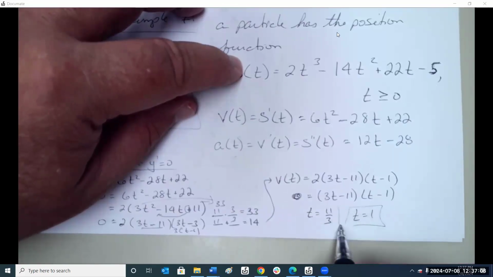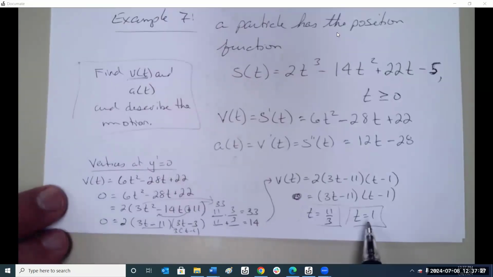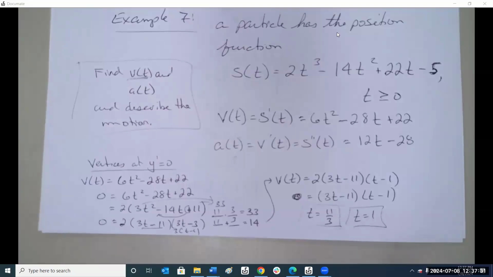These are my two vertices. Since these are my two vertices, I know I have to have a point of inflection between them.